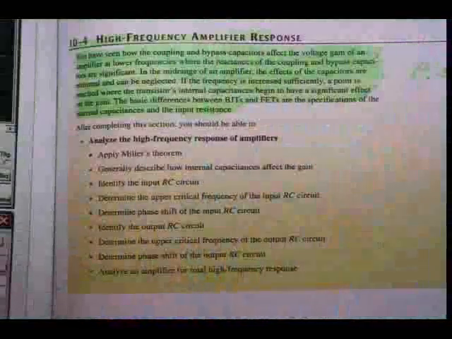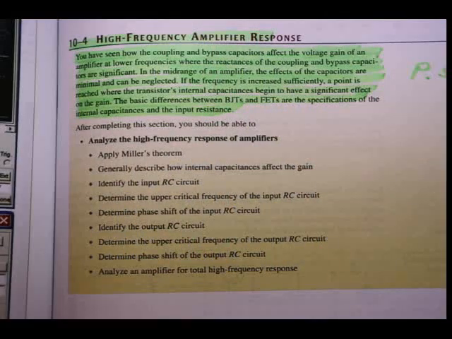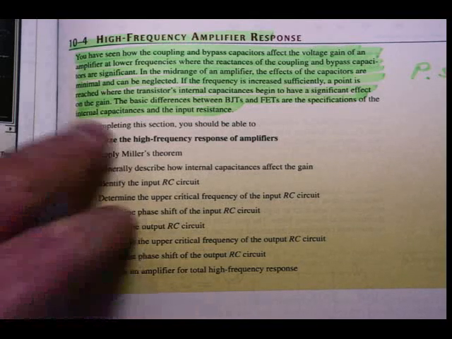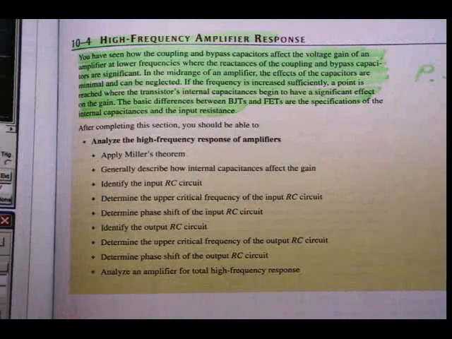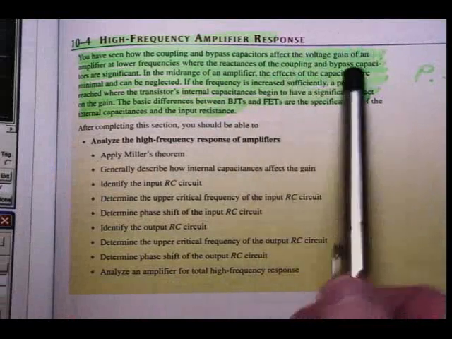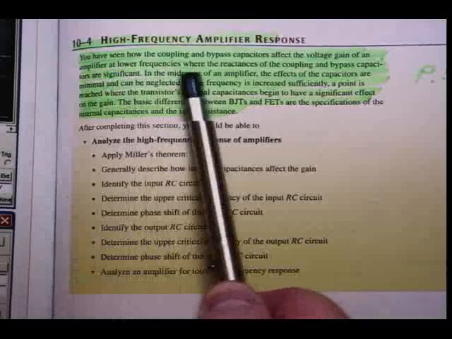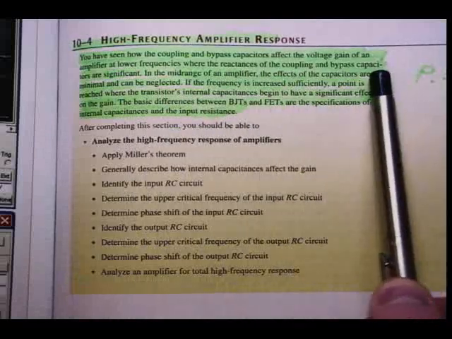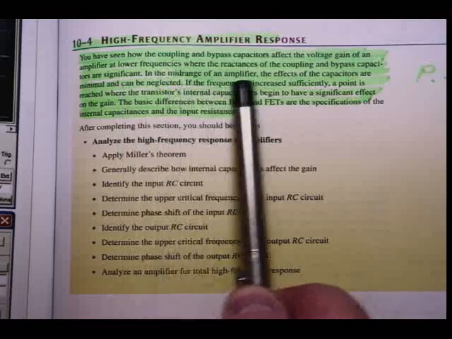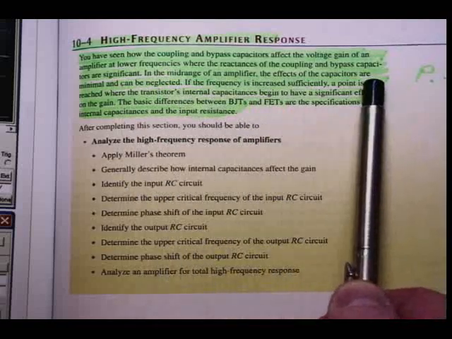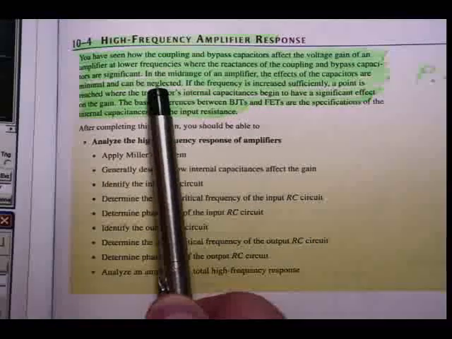When we were introduced, what influences the high frequency? Transistors' internal capacitances, right? So mark the introductory paragraph which says, you have seen how the coupling and bypass capacitors affect the voltage gain of an amplifier at lower frequencies where the reactances of the coupling and bypass capacitors are significant. In the mid-range of the amplifier, the effects of the capacitors are minimal and can be neglected.